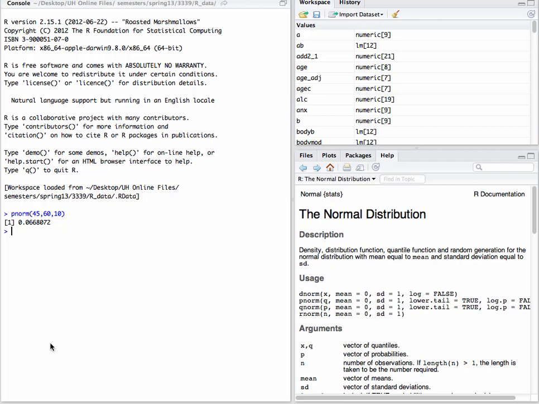The second probability was a greater than instead of a less than, so we have to do the complement. 1 minus pnorm 30, 60, 10. And for our last command, for the in-between, we have to subtract our two probabilities. The probability of the high one minus the probability of the low one.